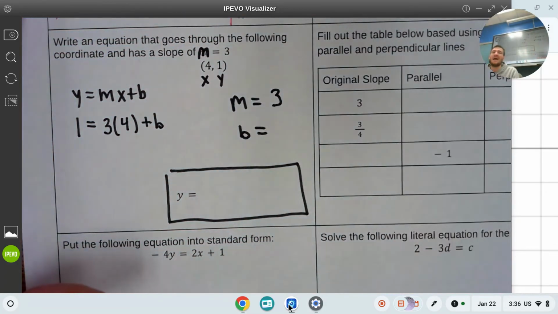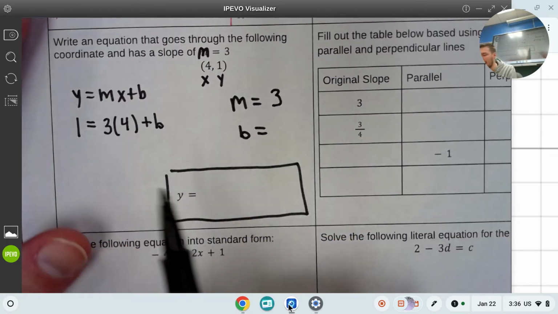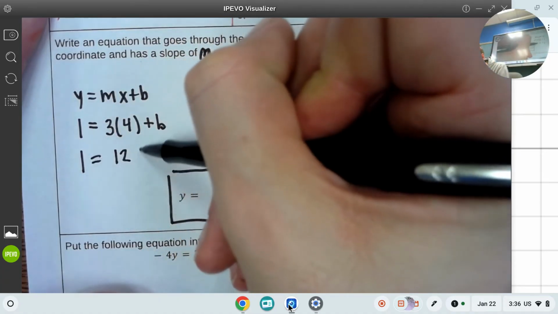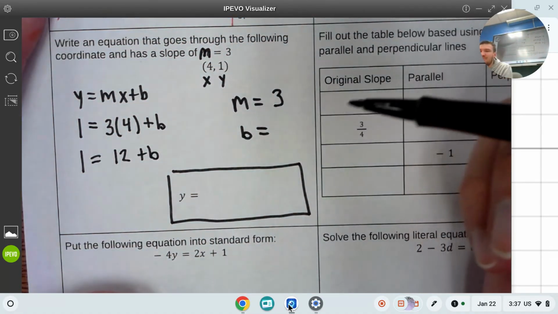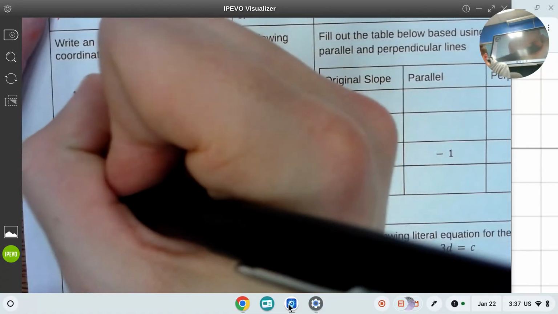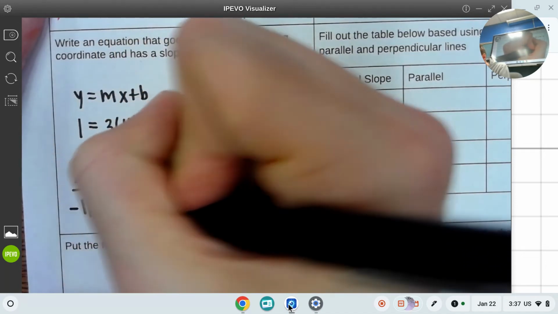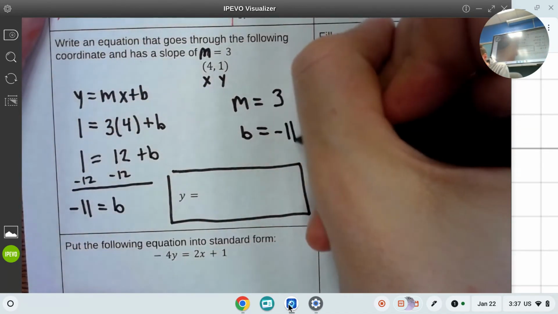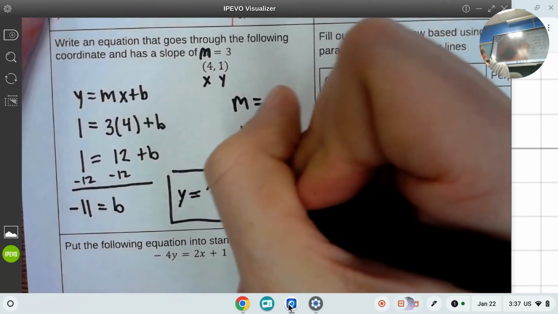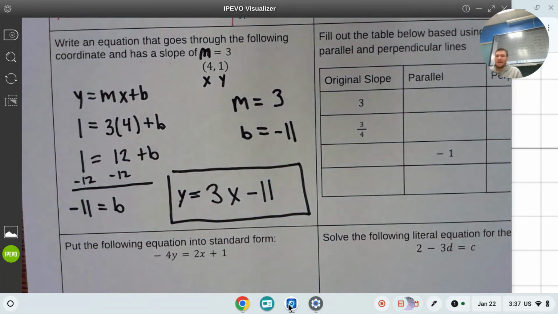We talked about how a lot of students forget to write the plus b, so don't forget that. 3 times 4 makes 12. 1 equals 12 plus b. And then just move that 12 to the other side. Minus 12, minus 12. What's 1 minus 12? Negative 11 equals b. And so what should our equation be? Y equals 3x minus 11. Simple as that. Y equals mx plus b.